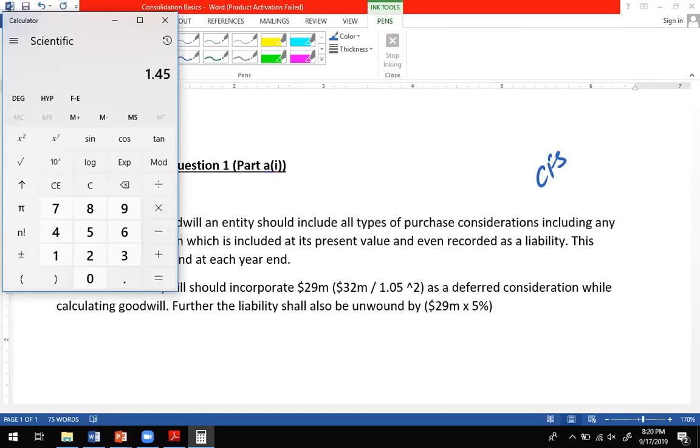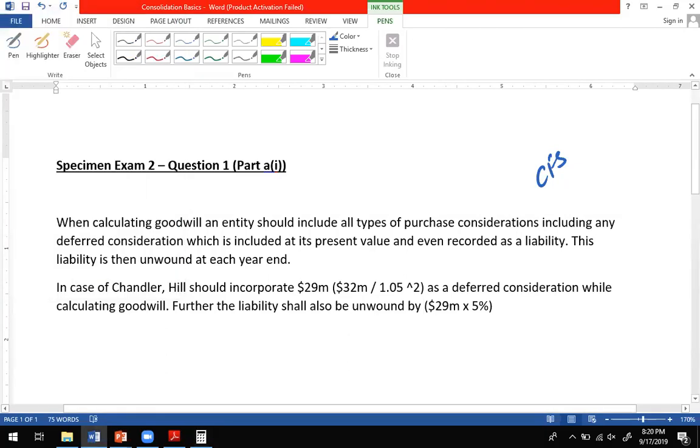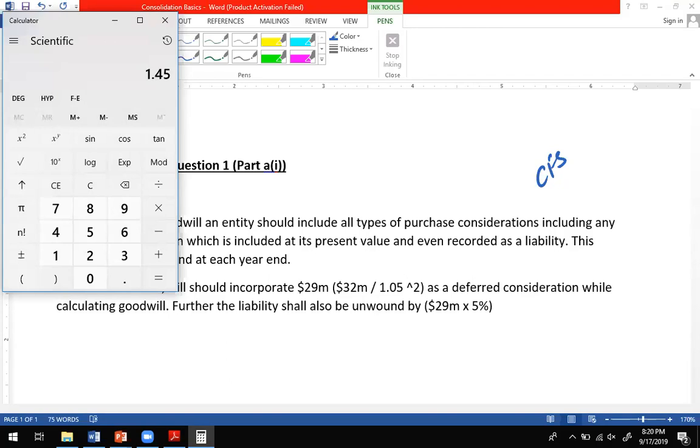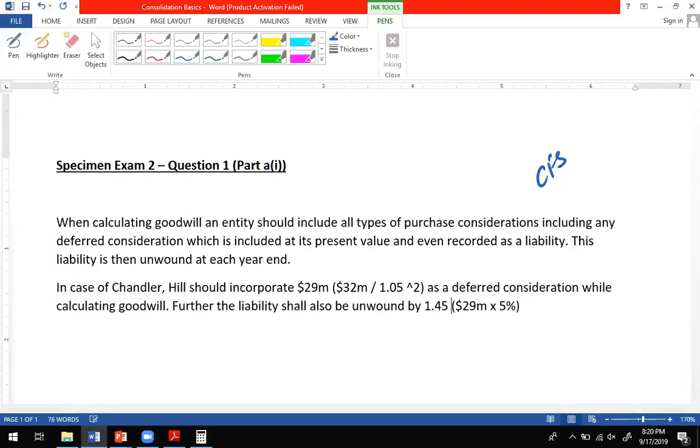This is going to be 1.45. So it should be unwound by $1.45 million, which would result in the liability of $30.45 million.